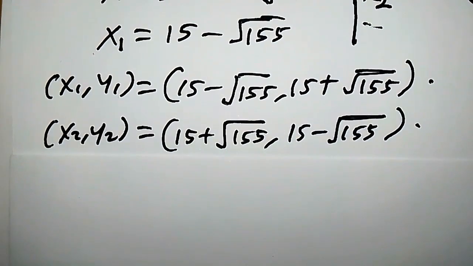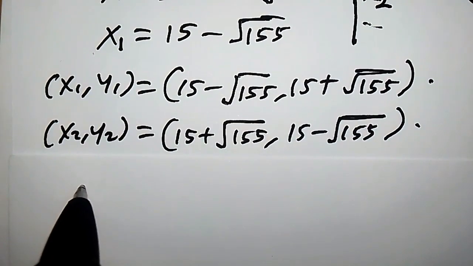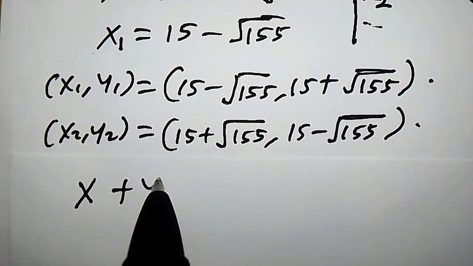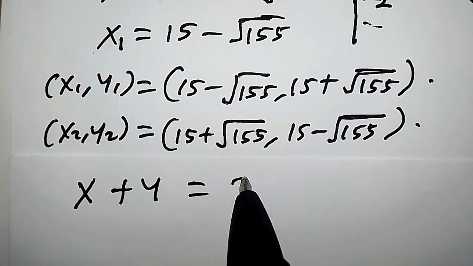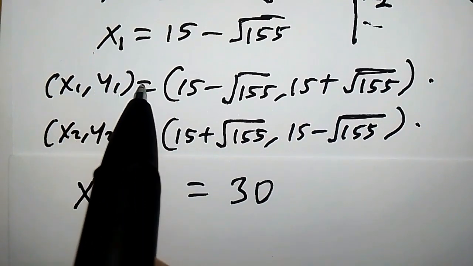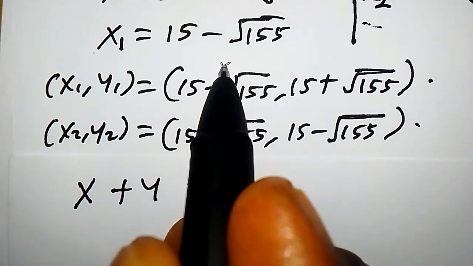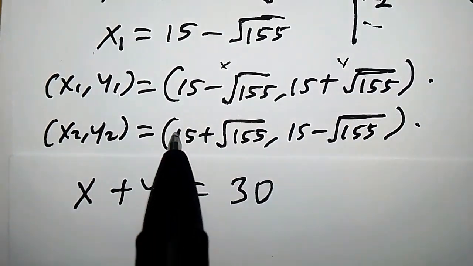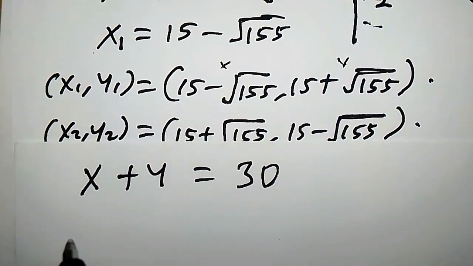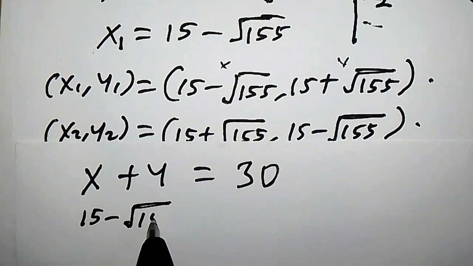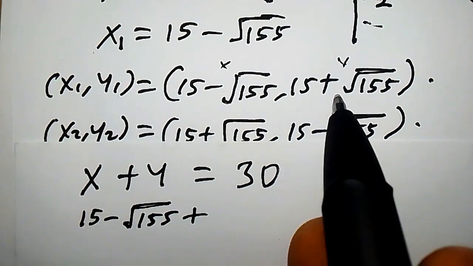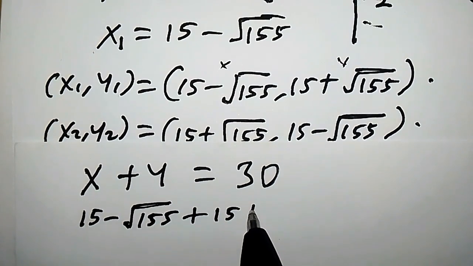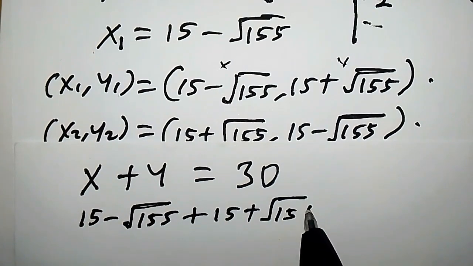We can use either of the equations. Let's use equation 1, which is x plus y equal to 30. Considering the first solution, this is our x and this is our y. If we plug it here, that will be 15 minus root 155 plus y, that is 15 plus root 155.